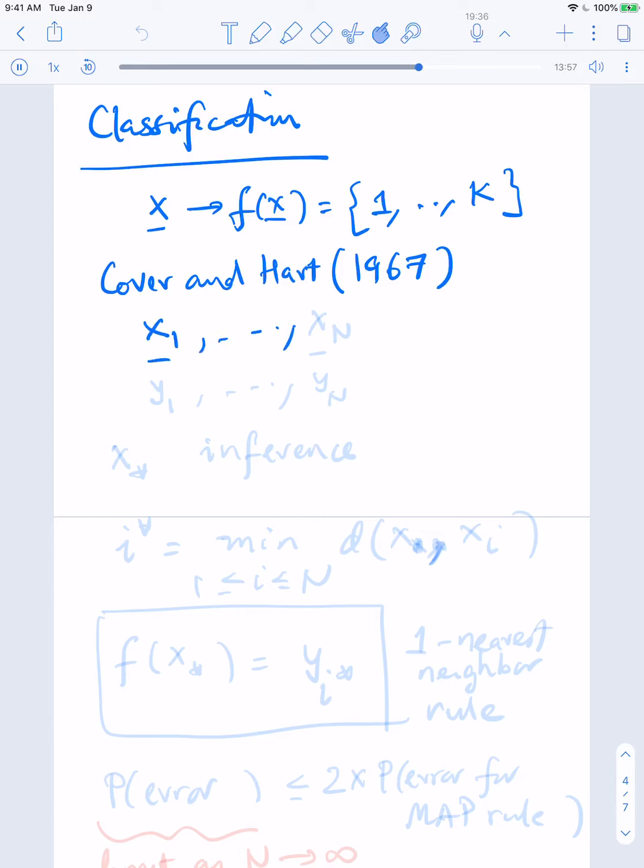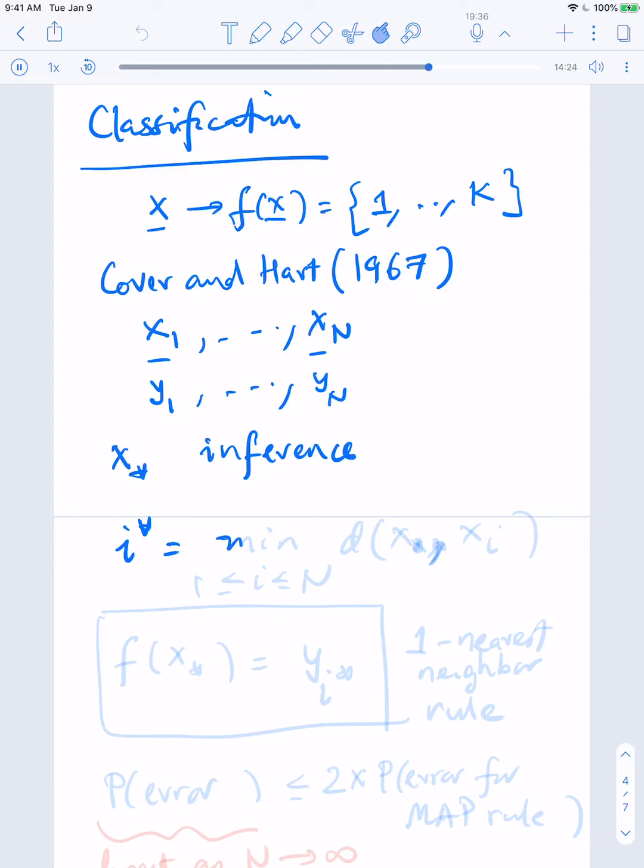I have these n training points that are given to you with labels y1 through yn, and now I have a new point x star on which we want to do inference, and let me define the nearest neighbor as the nearest training point according to some metric.